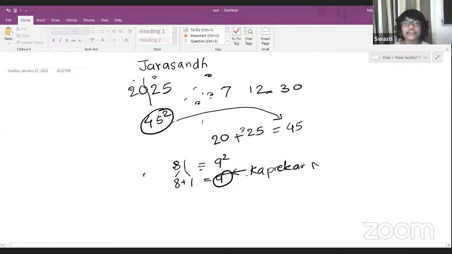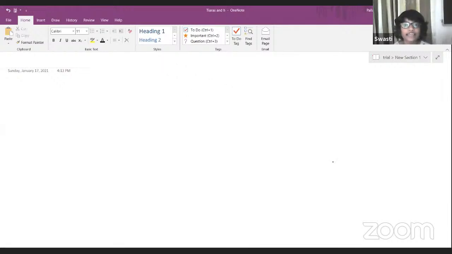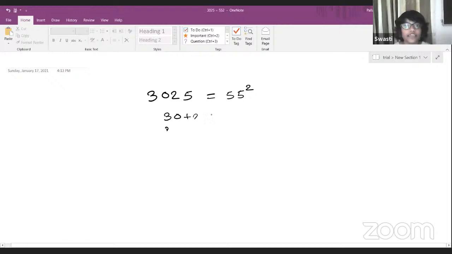And one more interesting thing about Kaprekar numbers. 3025 is a Zarasandh number, while 55 is a Kaprekar number. And 30 plus 25 is 55, and 20 plus 25 is 45.